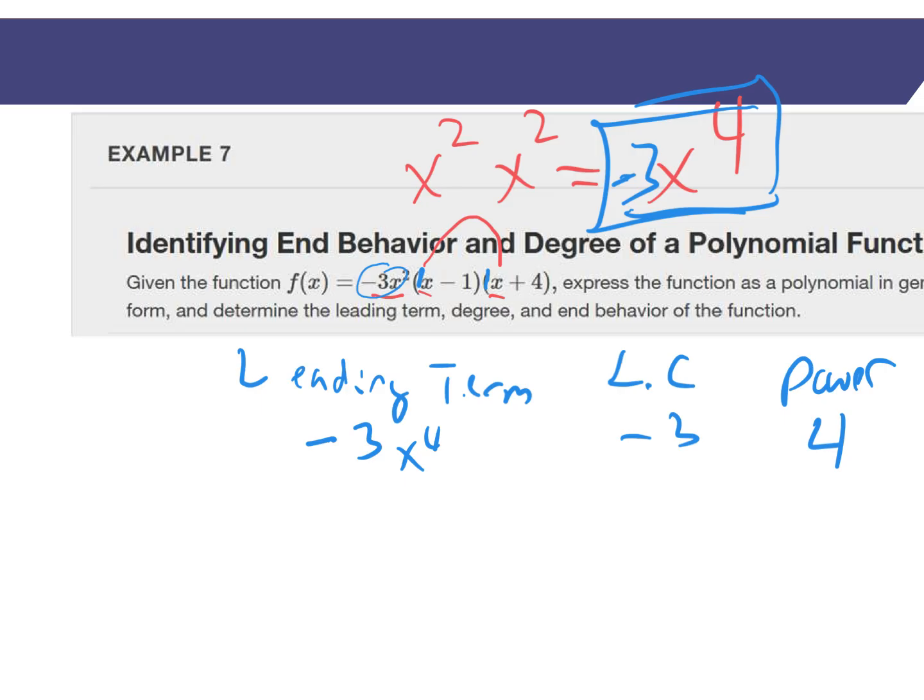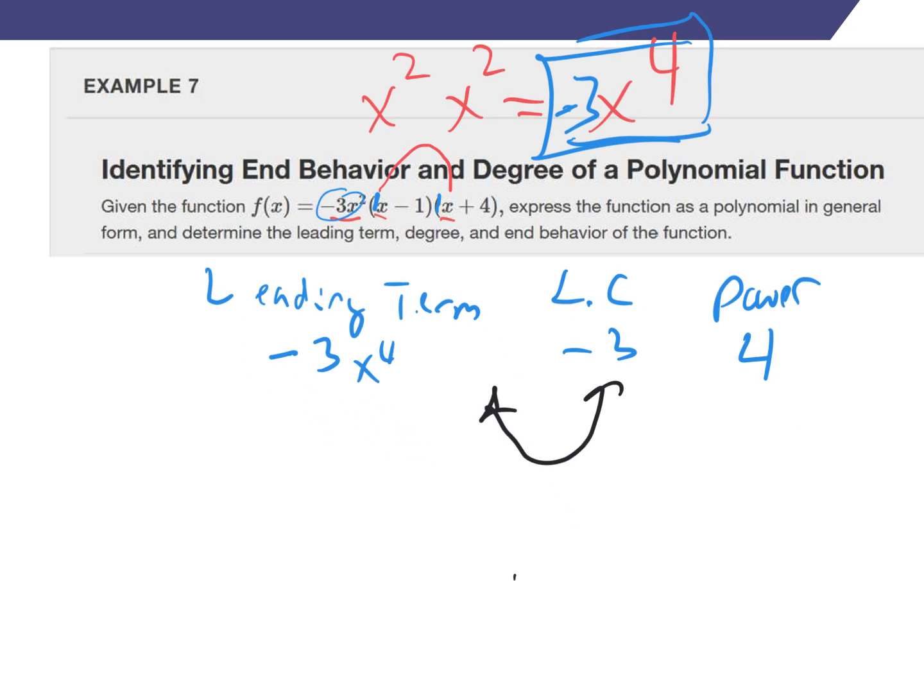Then what do I know? I know that both sides could go up or both sides could go down. How do I know? This is even. It has to be that way.